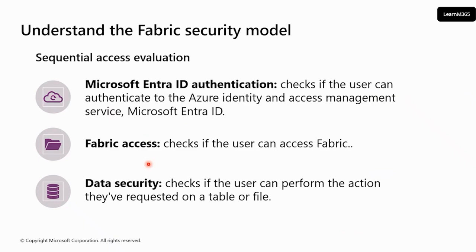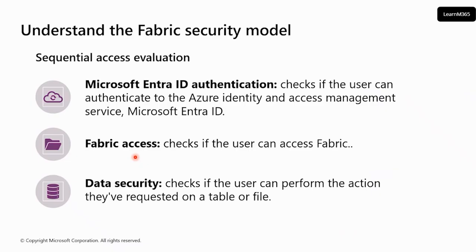Now, the second level of sequential access evaluation is done at the Fabric access level. This is gate 2. It confirms whether the user has permission to access Microsoft Fabric itself or not.